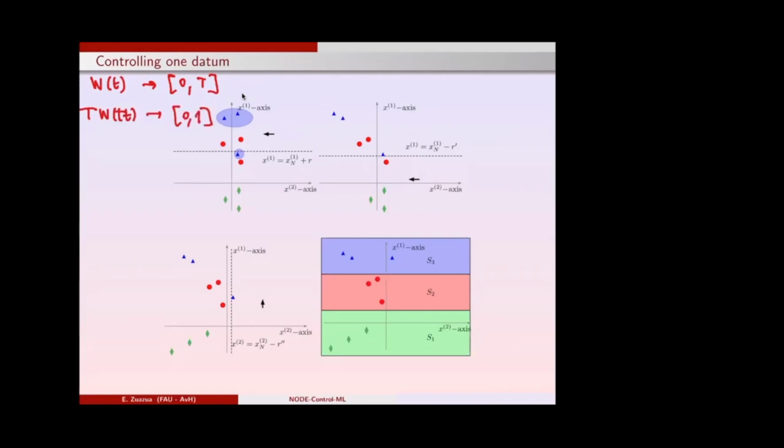But the fact that you are shrinking the time interval from a long time horizon capital T into a short time horizon 1, in particular makes that the amplitude of the control is multiplied by capital T. This is in agreement with common sense, right? So longer time horizons require a smaller control, shorter time horizons require larger controls, right?